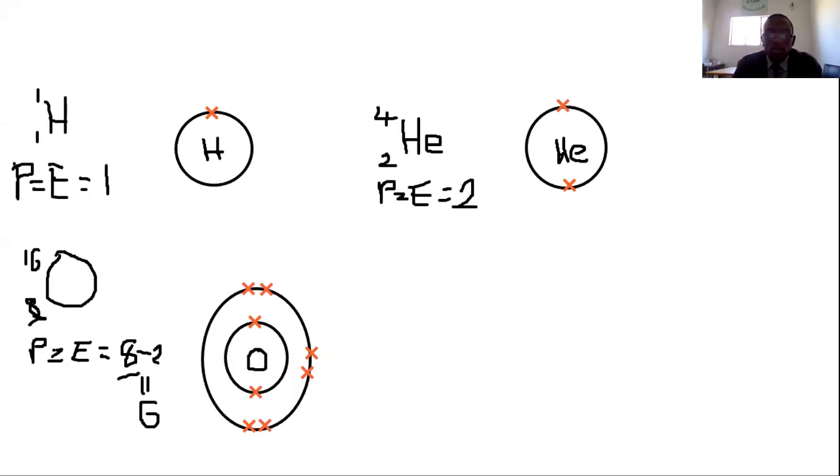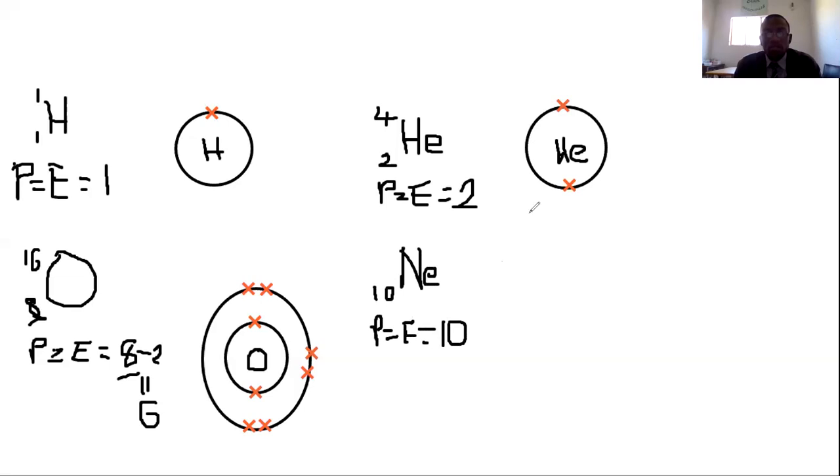will focus on the proton number. Neon is capital N, small letter E, and you have a 10 down there, meaning your P, which is equal to the E, is equal to 10. So how do you distribute the 10?